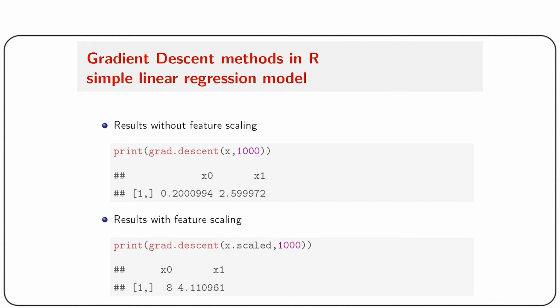Here it is saying 0.2 and 2.59, almost approximately 2.6, and here also 8 for x0 and x1 is 4.11. So it is generating similar results, as it was supposed to.